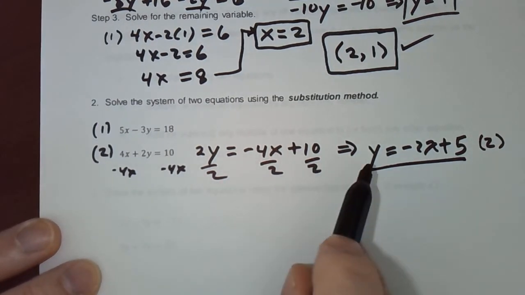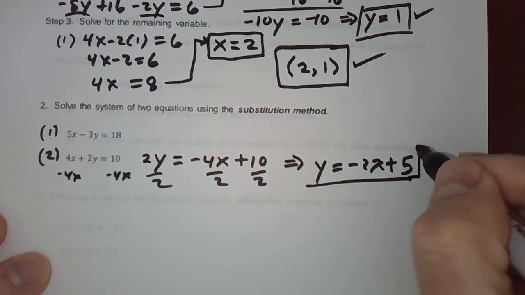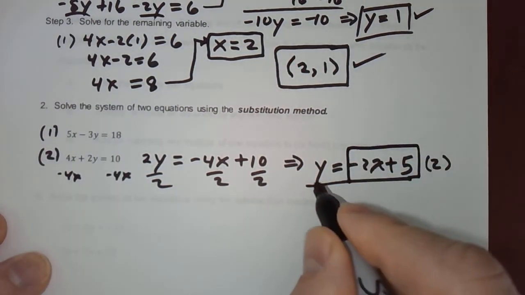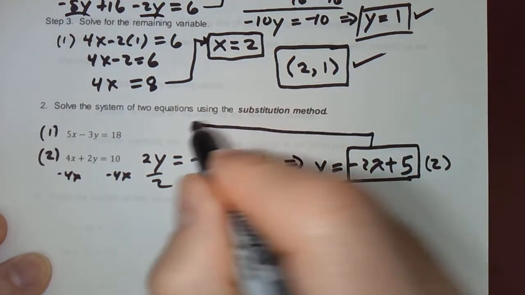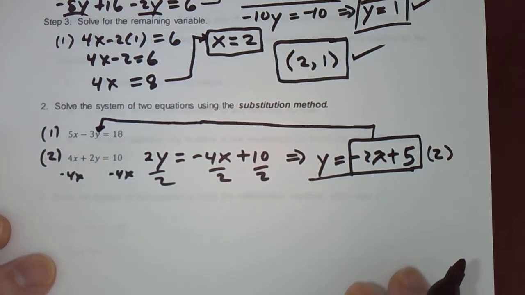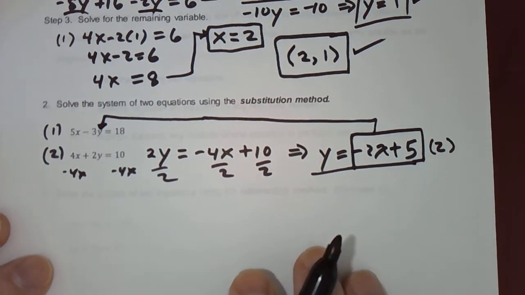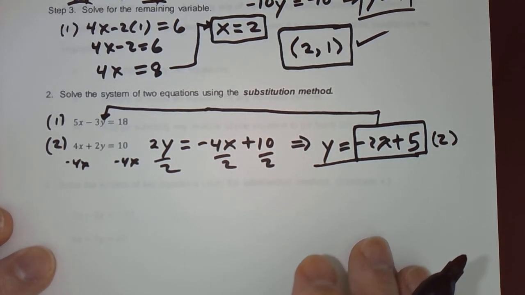These two are equivalent. So now I'm going to take this expression, which is equal to y, and I'm going to plug it into the other equation in place of y. So you'll find when we write down the new equation, it's going to have only x's in it. There will be no y's in it.